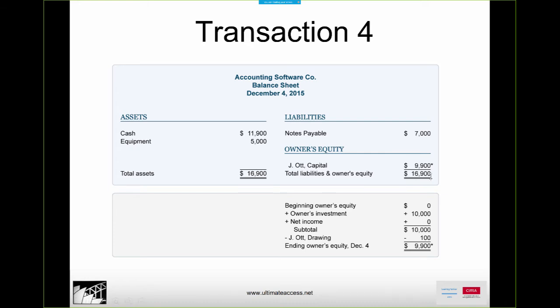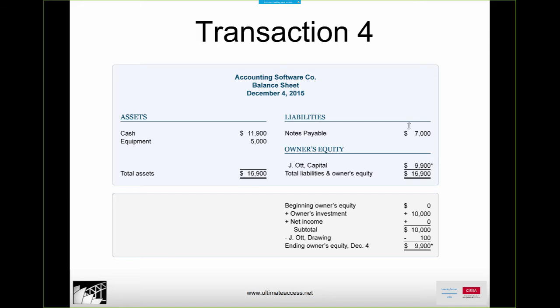Then he took a 100 drawing, right? He took out. Then of course we purchased an equipment, and now we have got a loan, right? So you can see of this, what are the things that's impacting the proprietor's capital account, right?